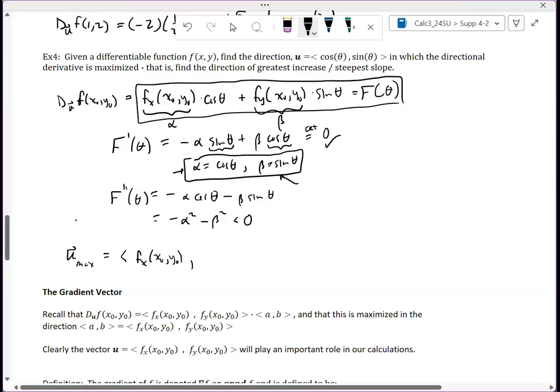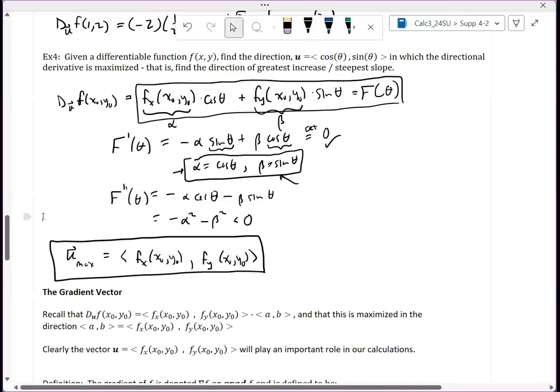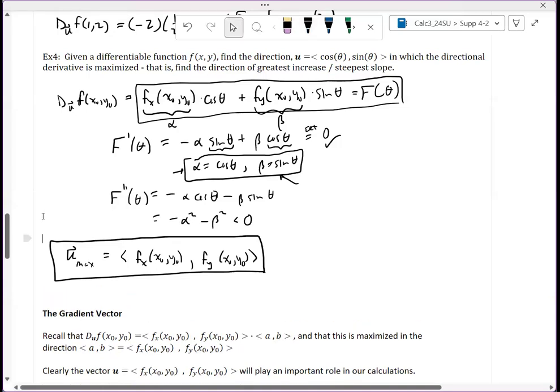The first component is the partial of f with respect to x, evaluated at x naught y naught, and the second component is the partial of f with respect to y, evaluated at x naught y naught. So the direction that maximizes our directional derivative, the direction that if we head in that direction we'll be ascending most steeply, is given by using our partial derivatives for the components of the direction vector.